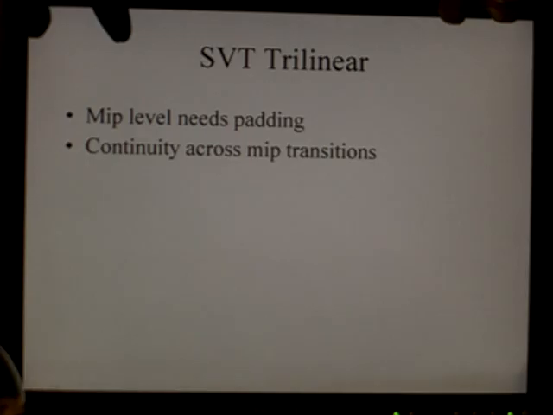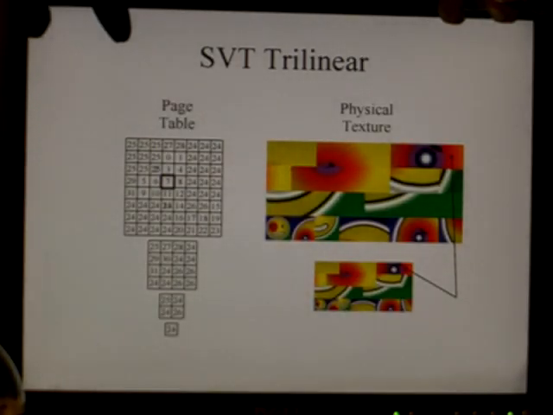The other thing we have to be careful about is that our MIP transitions are still going to work using the page table MIP mapping, and we need to make sure that we get exactly the same results continuously across that. The trilinear operation is lerping between these 2 samples in the physical texture, and as the lerp weight reaches 100% of the bottom sample of the coarse MIP level, I need to transition and start going to even smaller things.